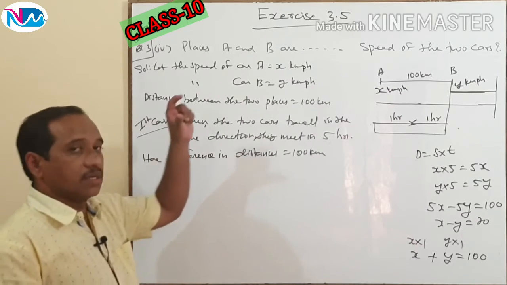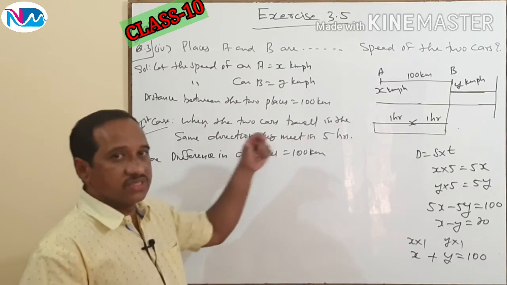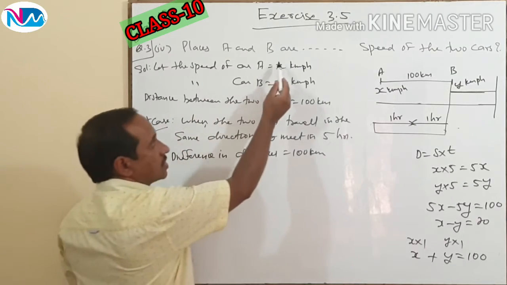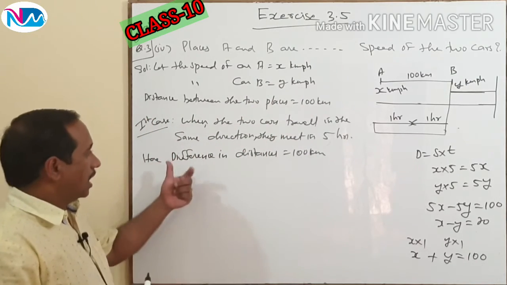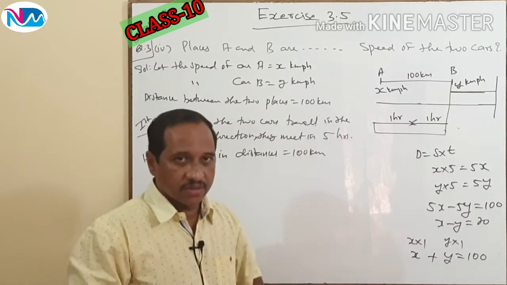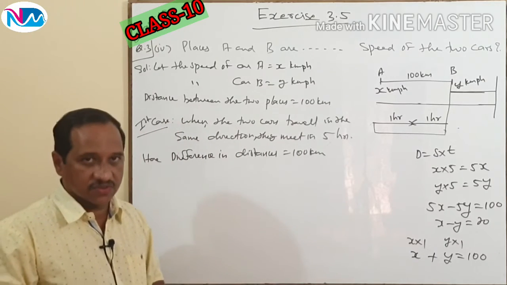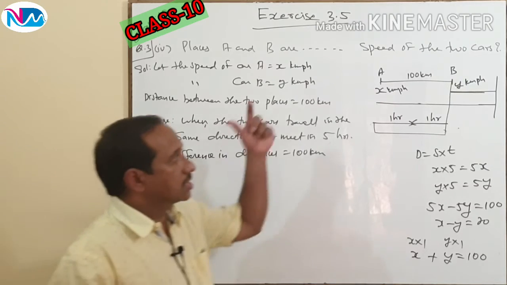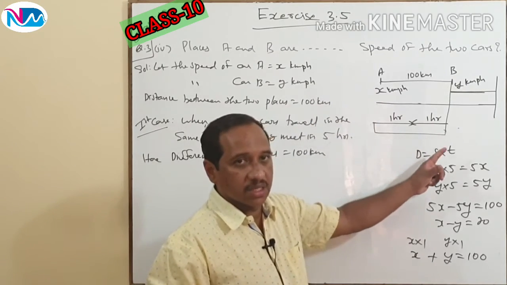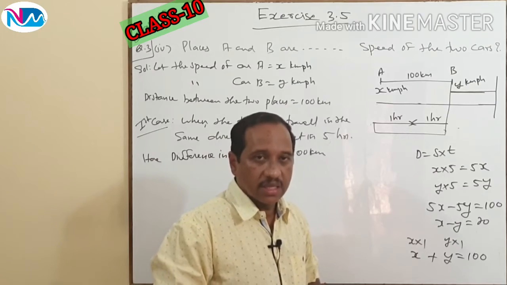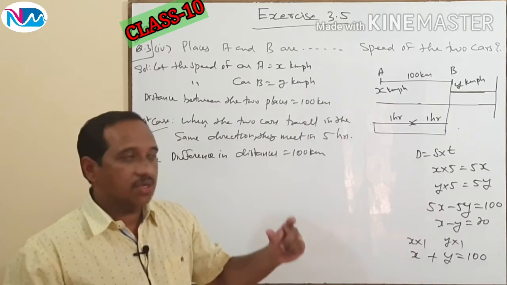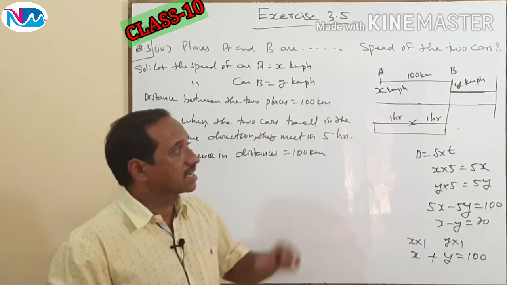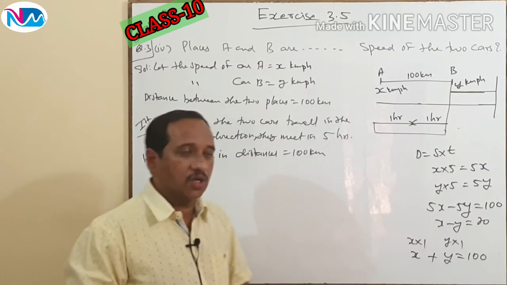So here we have the time of journey by both the cars, and the speed of the two cars are x and y, and according to this equation, the difference in distances is equal to 100 kilometer. Here you can see that the car A is 100 kilometer behind the car B. That means the distance traveled by car A minus distance traveled by car B is equal to 100 kilometer.